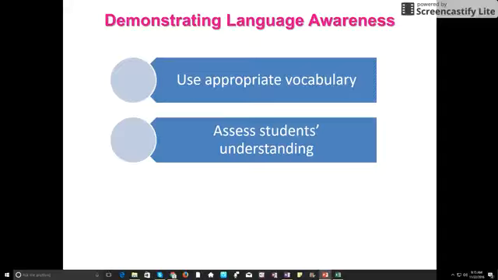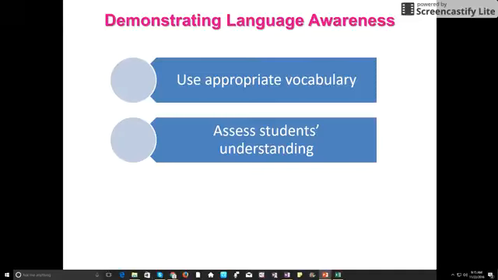For instance, let's say the term enthusiastic is one of the vocabulary words. We may assume that that's a term they know, and so briefly move on or simply ask the question, does anyone have any questions on the vocabulary on this slide? That's a common question. It's easy to ask, and I occasionally ask that question myself.